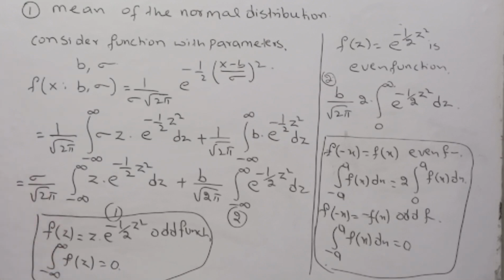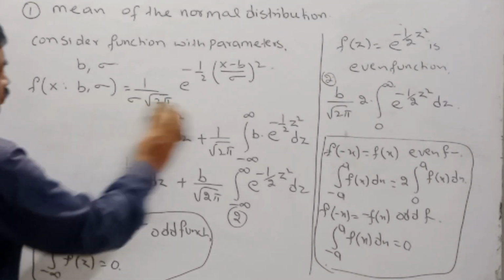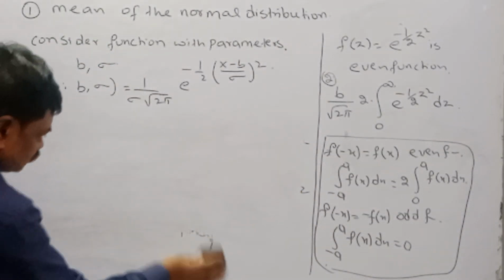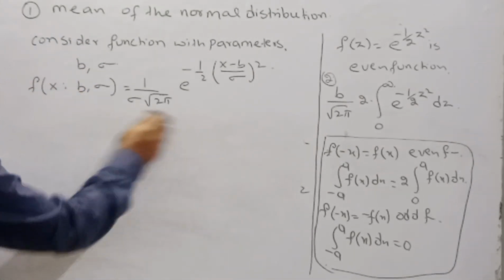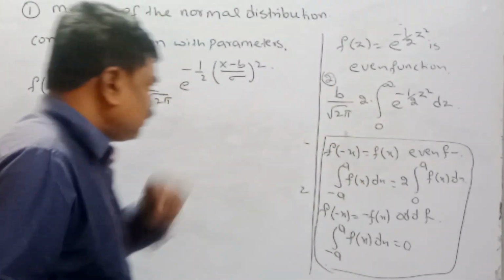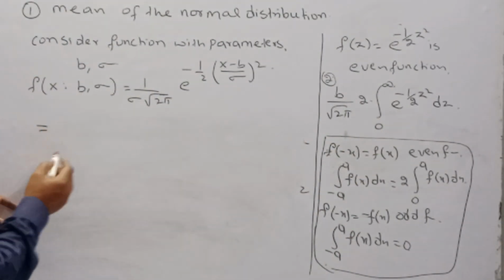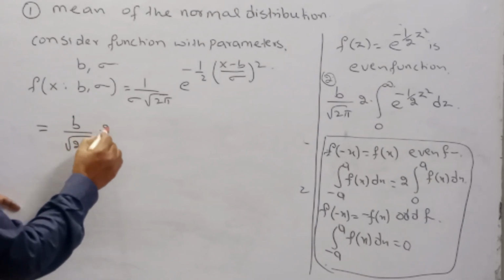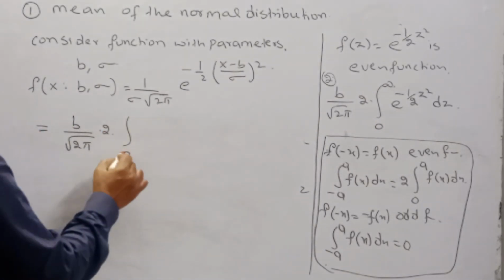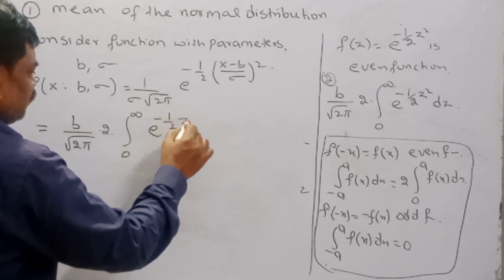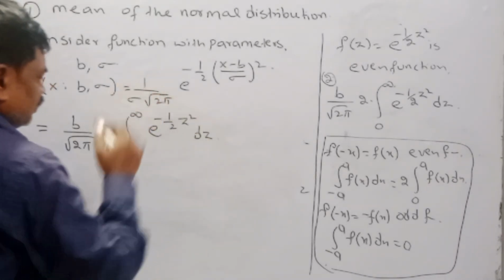Okay, all of you. Then after, you take this one. This is equal to b by root 2 pi into 2 integral 0 to infinity e power minus 1 by 2 z square into dz.